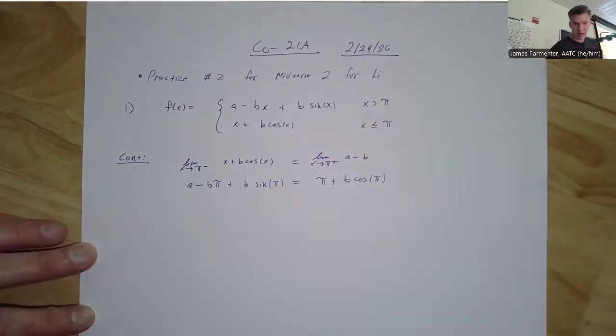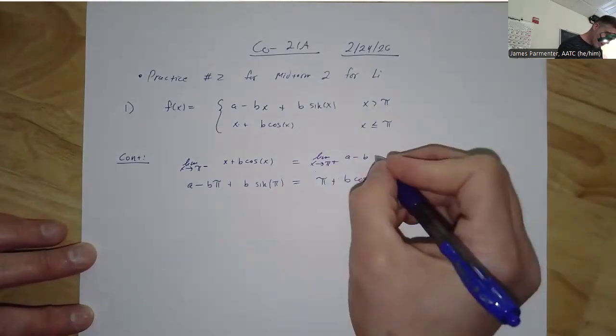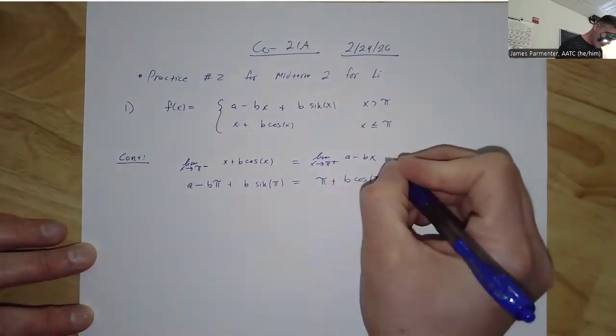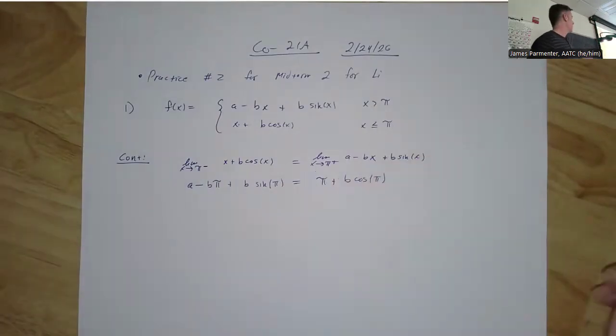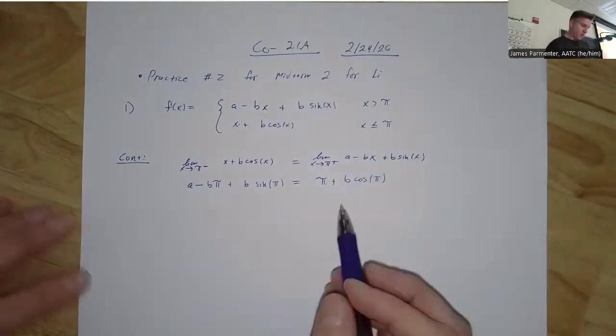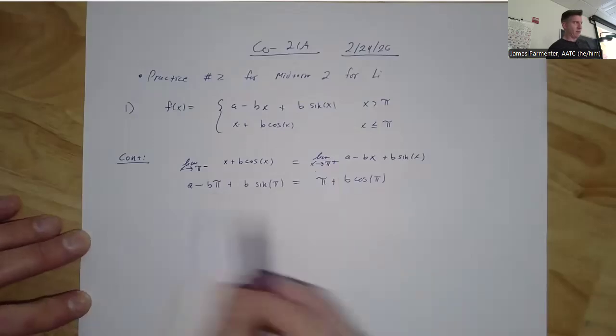I would never write it that way, but I didn't write it, so you know. Yeah. To show the person who's grading your work that you know that for continuity, you need the left-hand limit and the right-hand limit to be the same. And then you achieve that by plugging in pi for the x's and setting them equal to each other and solving. So we'll pretend like I put pi on the other side and it's still right.